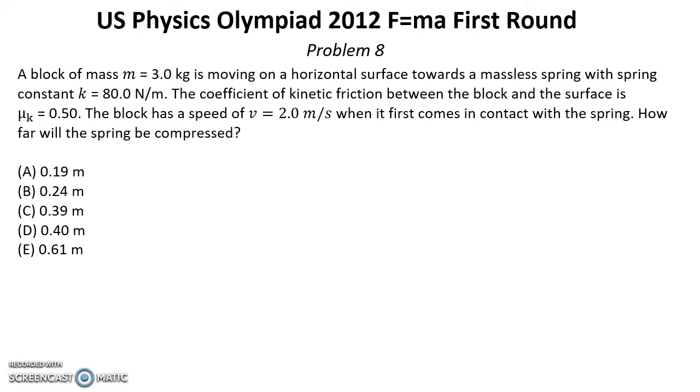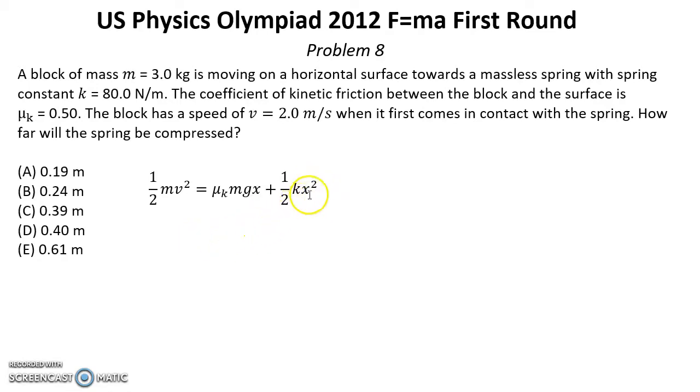Let's write this expression. This is the formula: 1/2 mv², that's kinetic energy for the mass, equals mu_k mgx, that's work done by the force of friction, plus 1/2 kx², that's the final potential energy for the compressed spring.